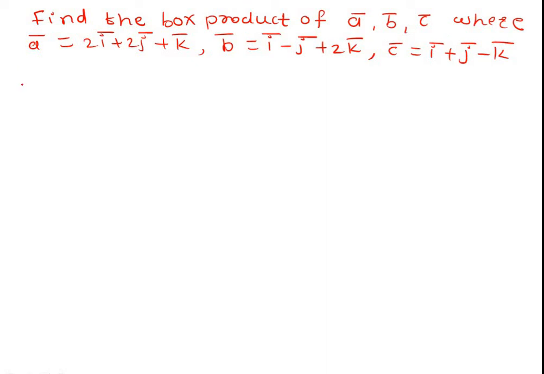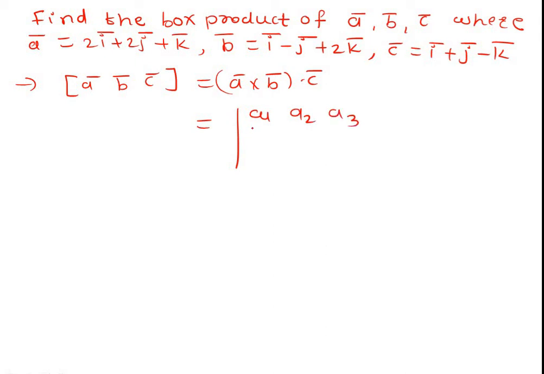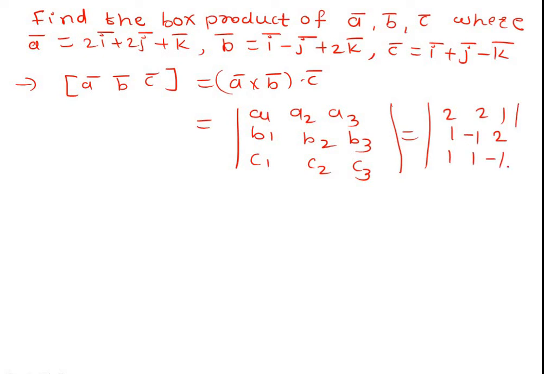So here the box product is given by A bar, B bar, C bar, which is equal to A bar cross B bar dot C bar. That is equal to the determinant of A1, A2, A3, B1, B2, B3, C1, C2, C3, which is the determinant of 2, 2, 1, 1, minus 1, 2, and 1, 1, minus 1.